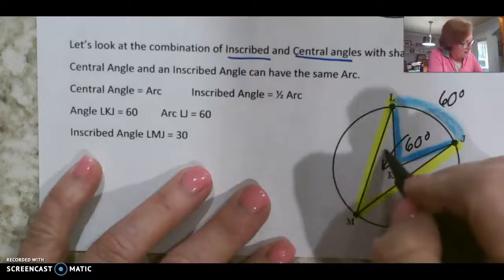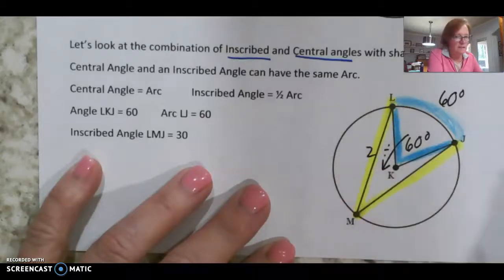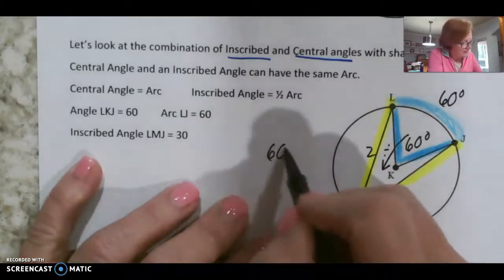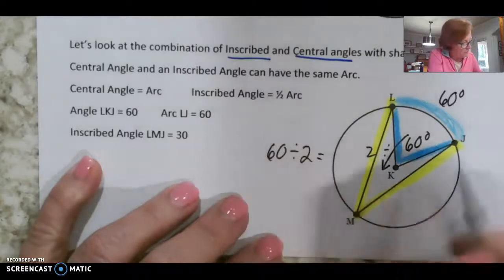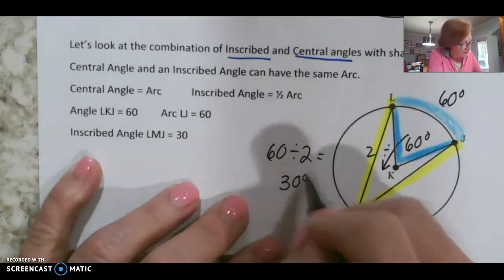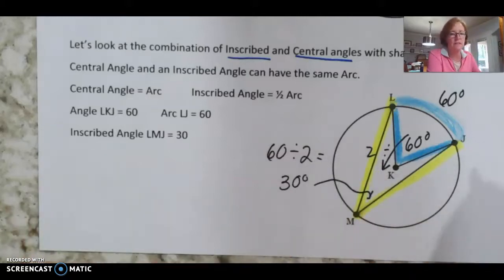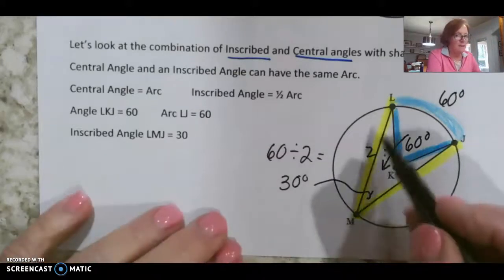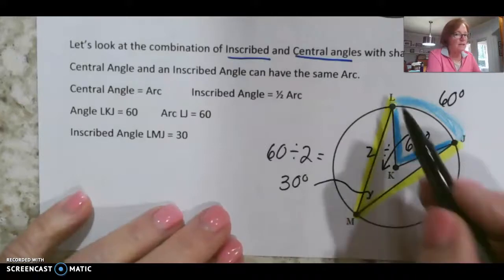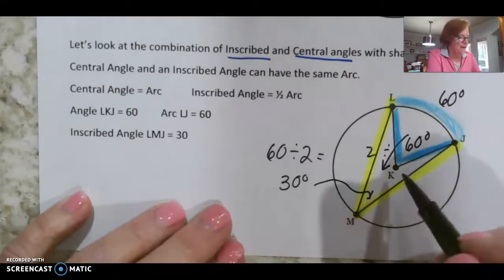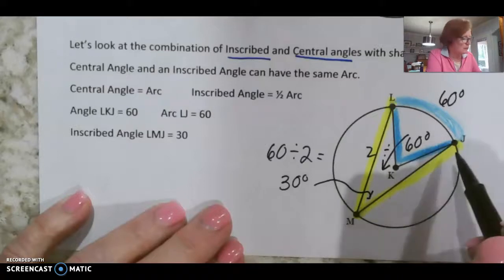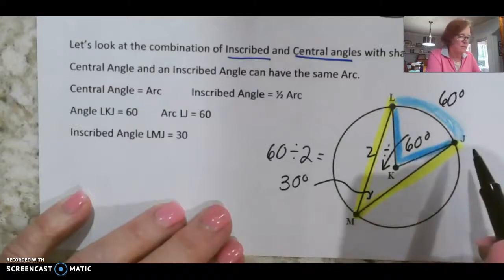I'm going to divide by 2. So what is 60 divided by 2? And the answer here is 30. So that angle right there is 30 degrees. Yellow is little, blue is big, okay? Blue of the central equals the blue of the arc.